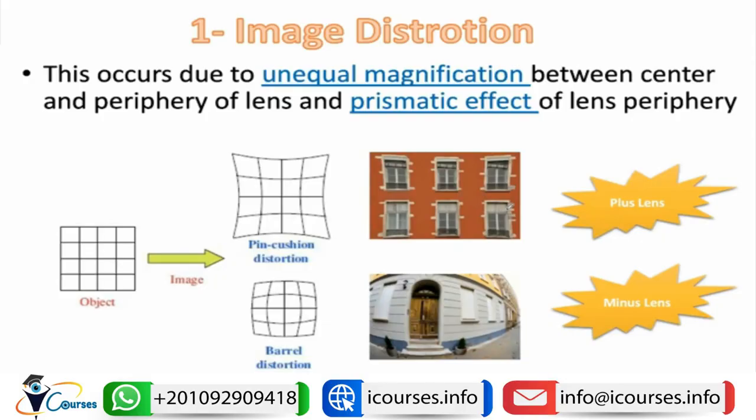This has been mentioned in the Afikia lecture. So we said that the center will cause a different magnification than the periphery of the lens. This is again due to the prismatic effect of the lens periphery. So if we have this object, and we have a large or high plus lens, this will lead to pincushion effect.